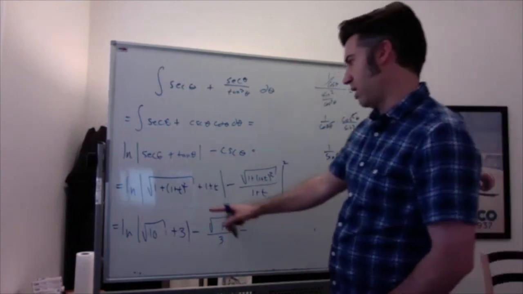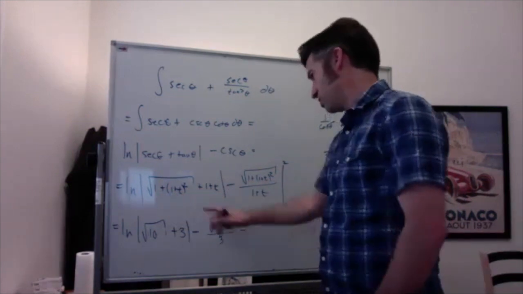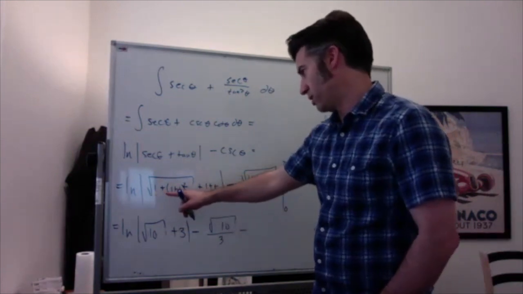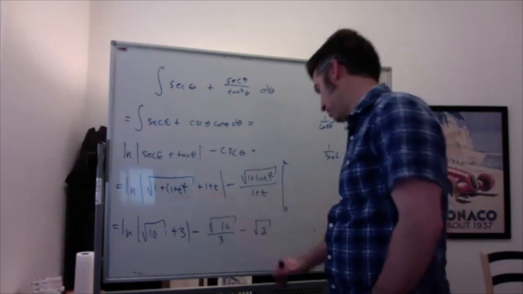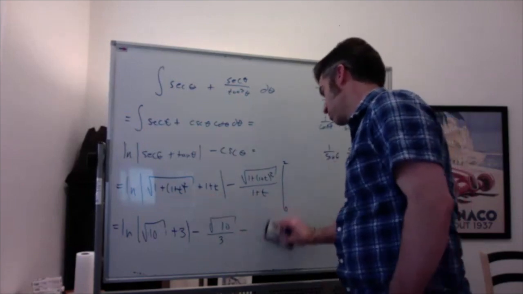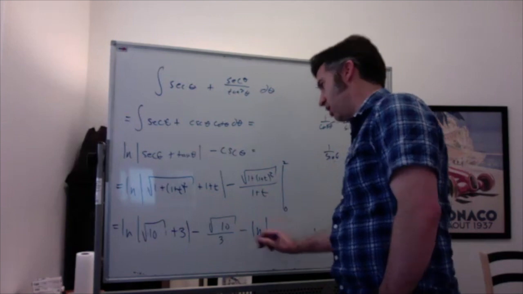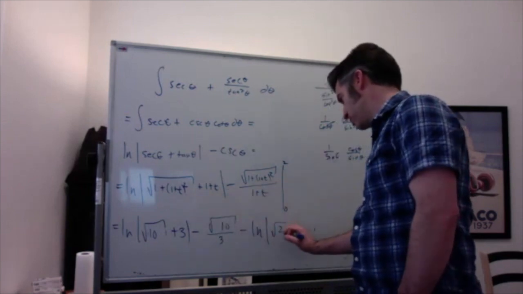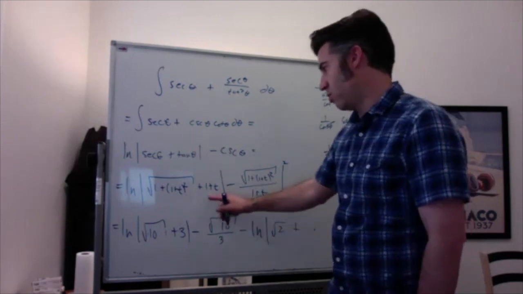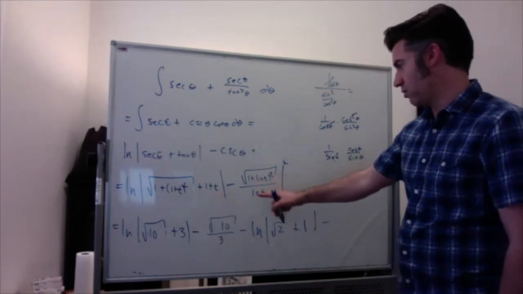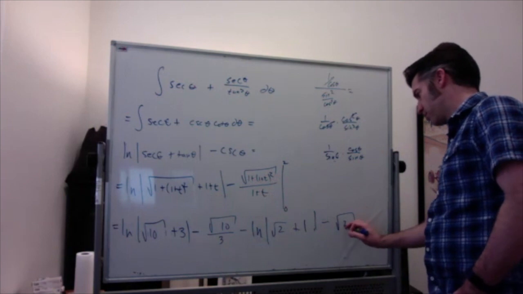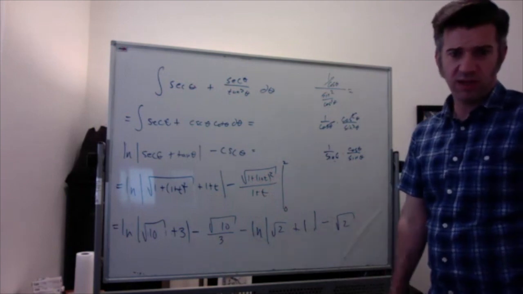Plug in 0, we get the square root of 1 plus 1. Sorry, the natural log of the square root of 2 plus 1 minus this, which is the square root of 2 over 1. Whew, that was gnarly.